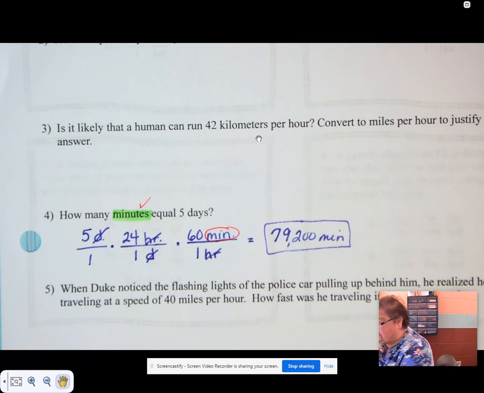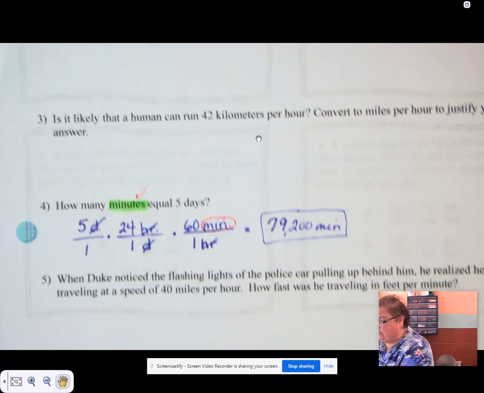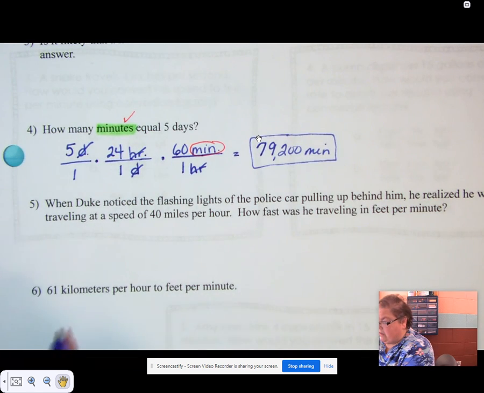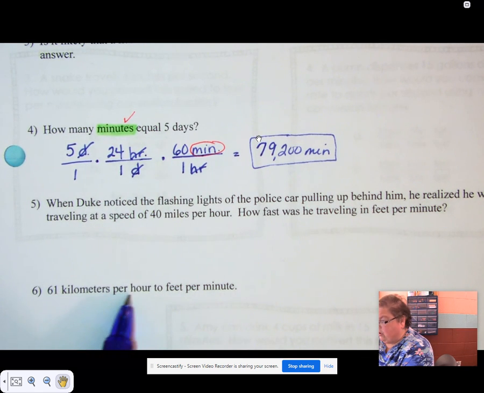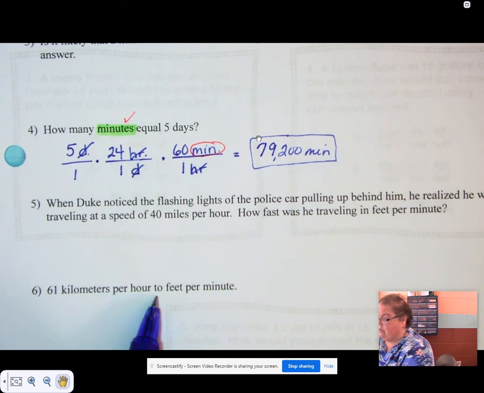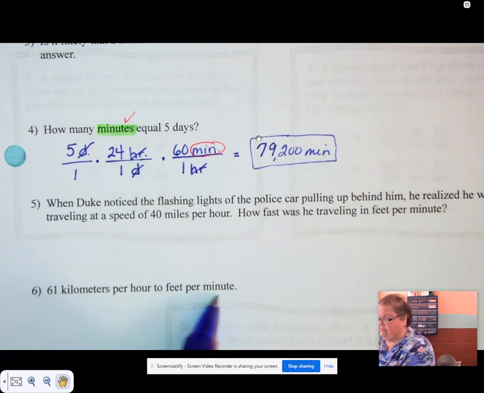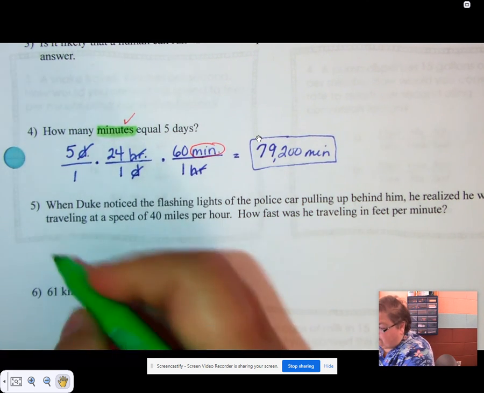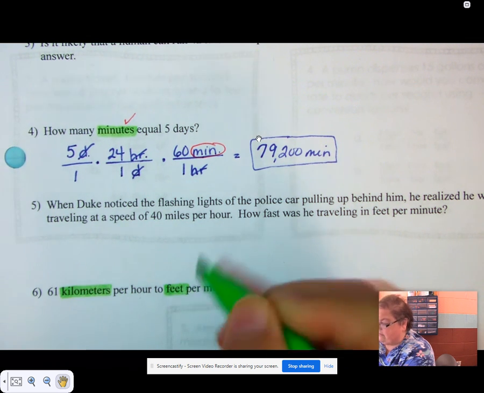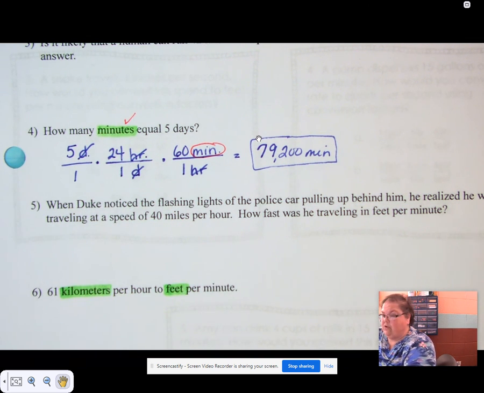Now, let's talk about number 6. 61 kilometers per hour. Oh, I've got a per now. Okay? Per hour to feet per minute. Okay. So I'm going from kilometers to feet. Okay. So when I'm done canceling out my measurements, I should wind up with that.